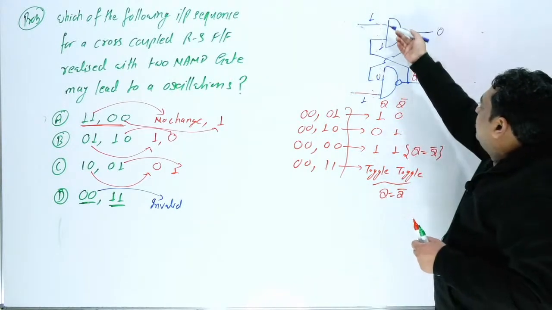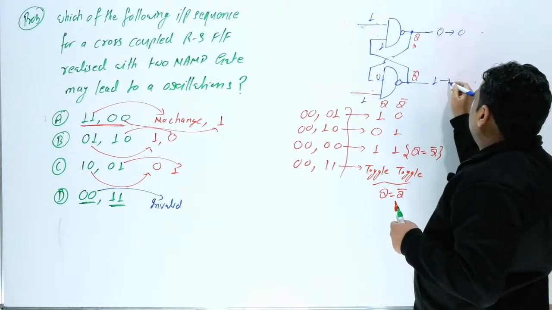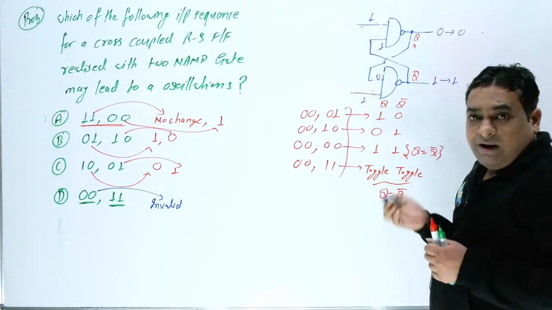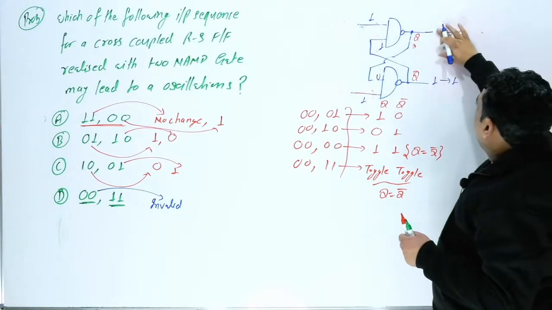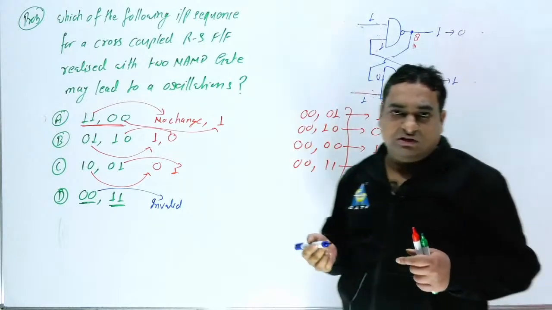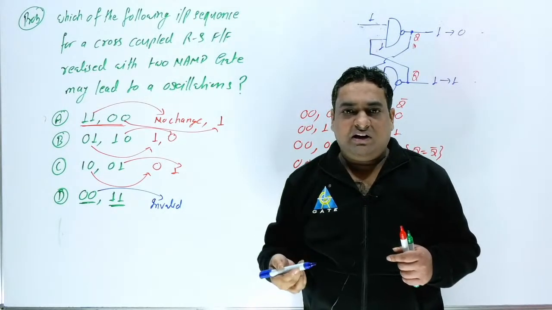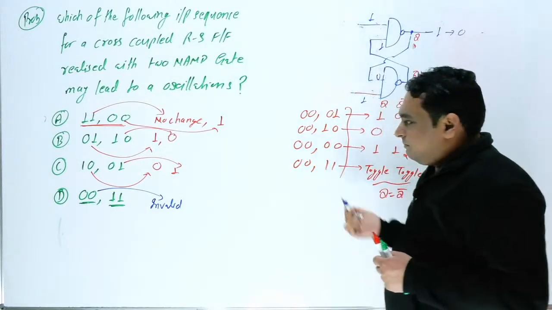You can see 1.1, 1 bar is 0, 0.1, 0 bar is 1, you are getting no change. But if the previous state was 1, 1, and you are applying the input for no change, you will get toggling here, you will get oscillation here. This is the important point.